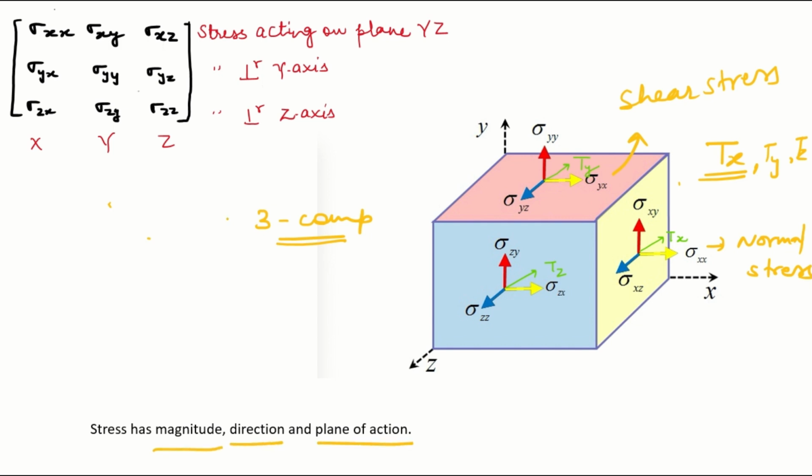If some physical quantity has only magnitude, then what will you say? Scalar. If some physical quantity has magnitude and direction, you will say vector. But here for stress, what are you getting? Stress has magnitude, direction and plane of action, right? That means stress is more than a vector. It is not a vector, but it is more than a vector.